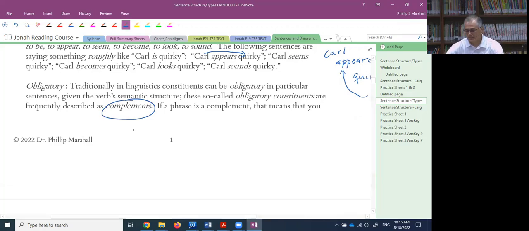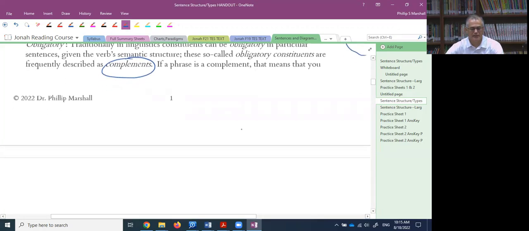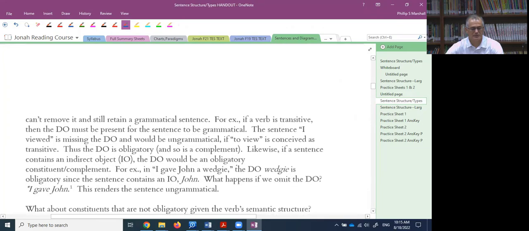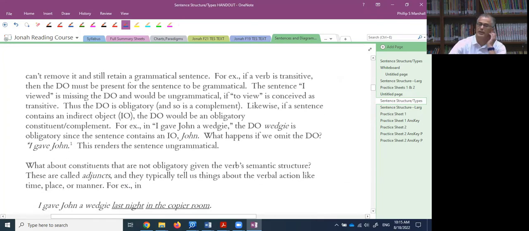Okay, so if we find a phrase that's a complement, that means you can't remove it and still retain a grammatical sentence. So take transitive verbs, right? Transitive verbs take direct objects and they need that direct object to be grammatical.